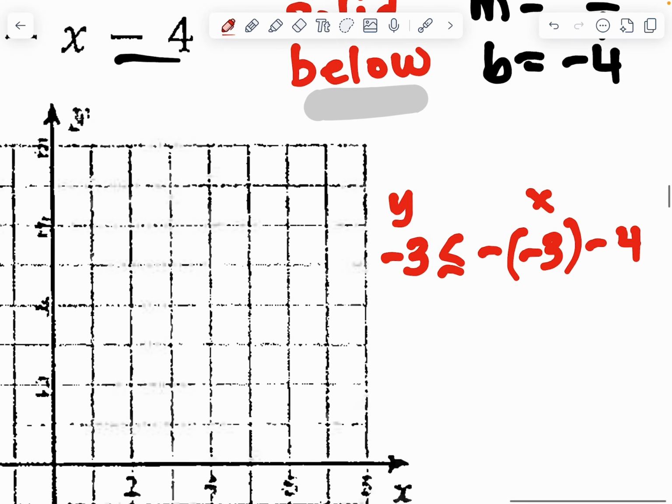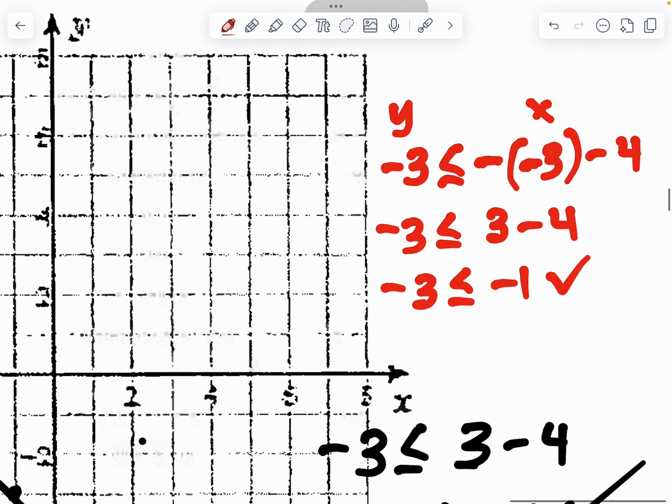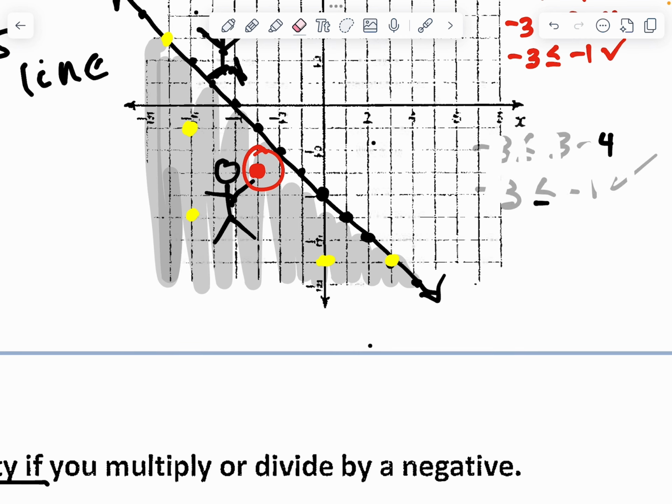All right, negative 3 is less than or equal to, negative times a negative changes to positive 3 minus 4. Negative 3 is less than or equal to negative 1. Yes, that is true. So I can say that negative 3 is a solution, so I know my graph is correct. Okay, so that works.